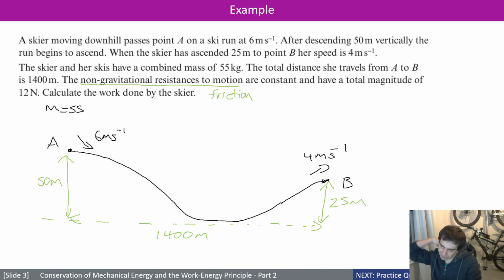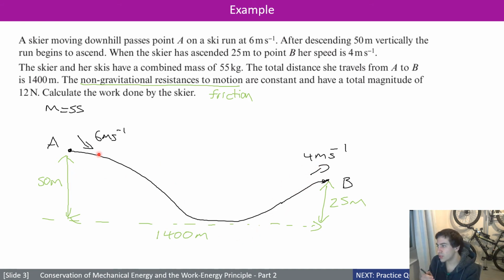Okay. So this is very much a question where we want to talk about energy considerations. Keep in mind that although I've kind of drawn this slope however I wanted to, the fact that there was no diagram tells us that it actually doesn't matter what the slope looks like, as long as a few things remain true.